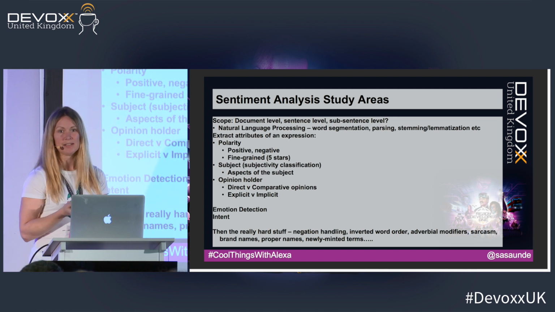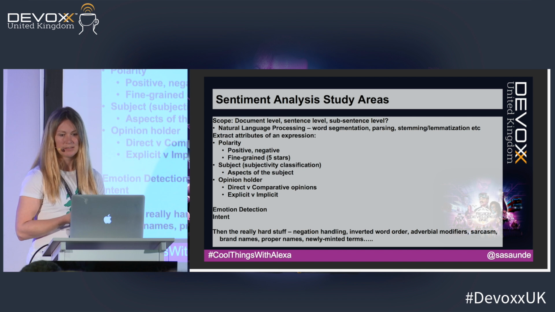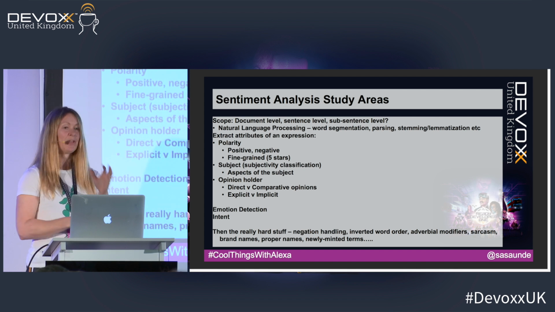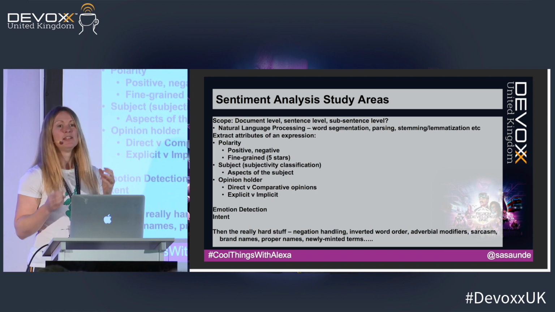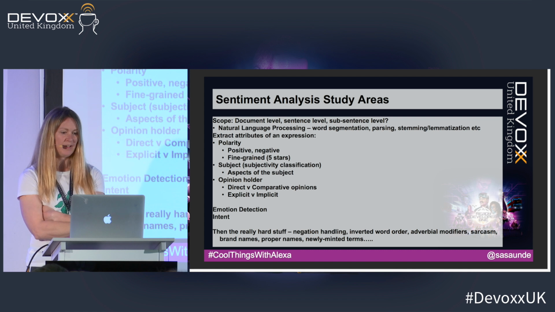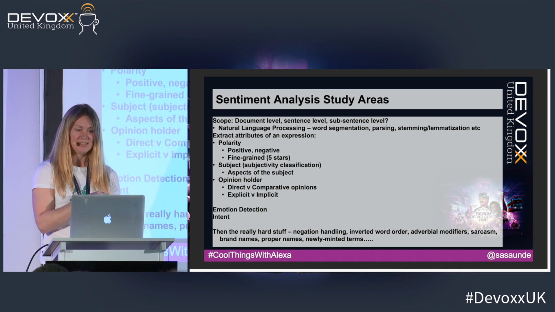And then you've got parsing of the sentence. I'll show you how Google does that later, which is a nice way of looking at it. Stemming and lemmatization: say code, for example, coding, coder, coded. Cod would be the stem, but the lemma would be code. So you need to know what's the root word here so that we know the context of what we're evaluating. Once you've done all that hard bit, then you've got the sentiment analysis.